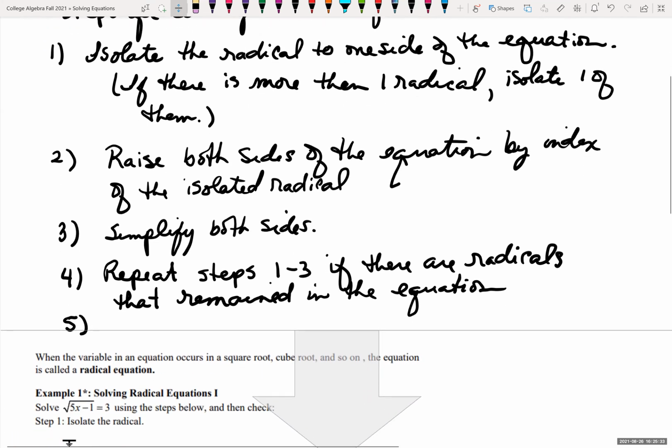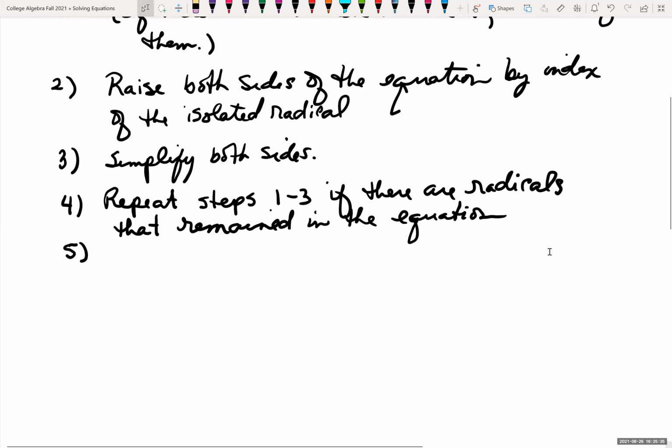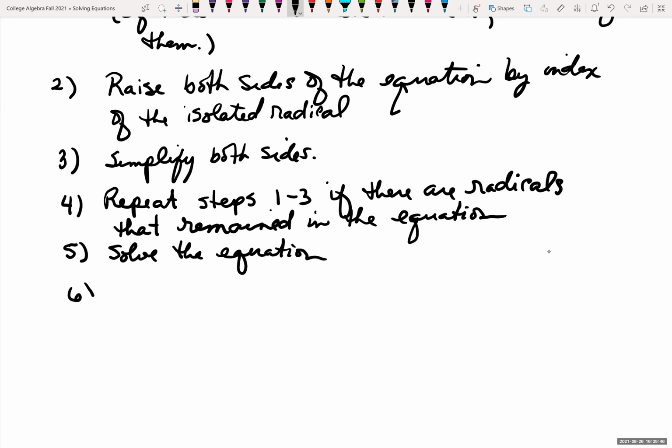Okay, so solve the equation. And then it really depends. If we raise both sides of our equation by an even power, then we might get what is called an extraneous solution, which means it's an answer that actually doesn't work in our original equation.